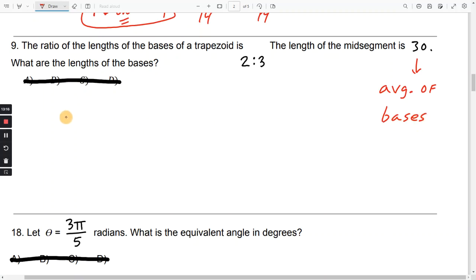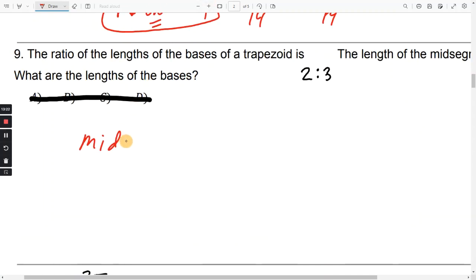So the mid-segment is going to equal the average, so that's just b1 plus b2 over 2. How do you find the average of two numbers? You just add and divide by 2. Or you can multiply by 1/2 if you like.